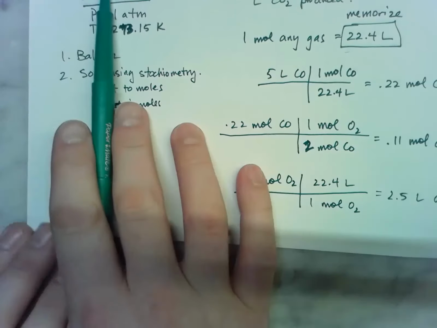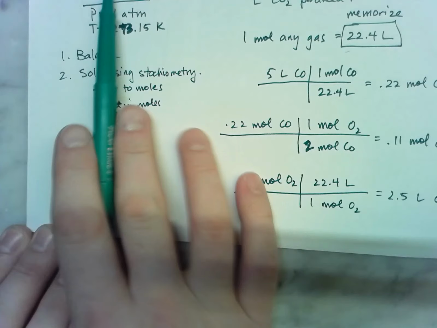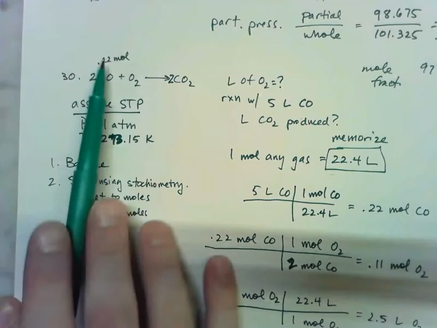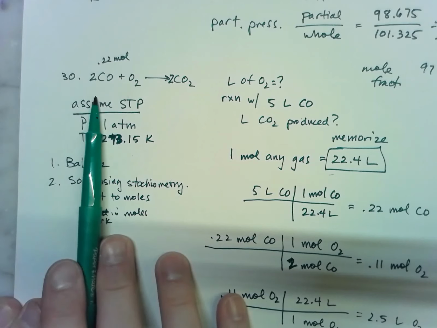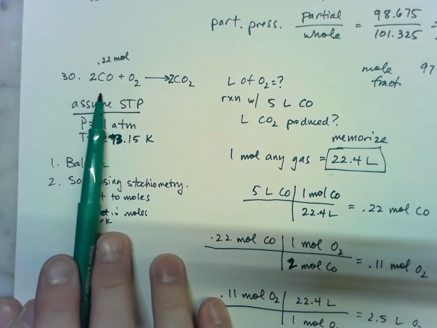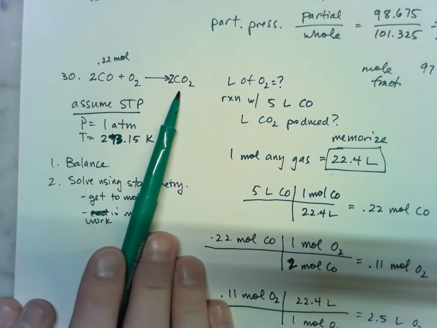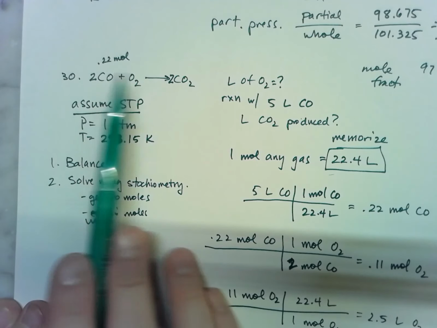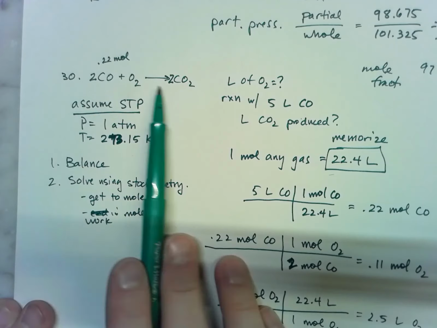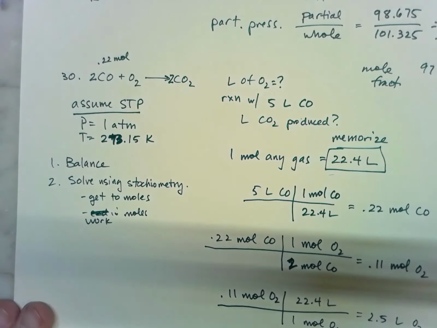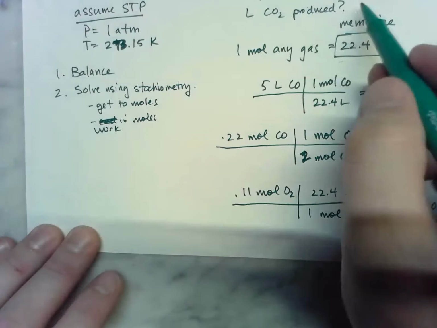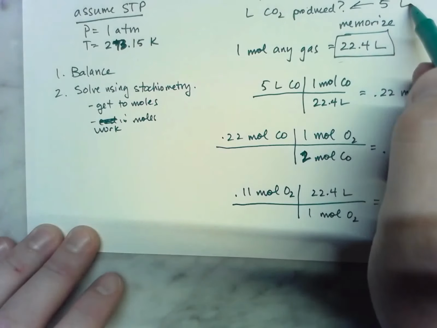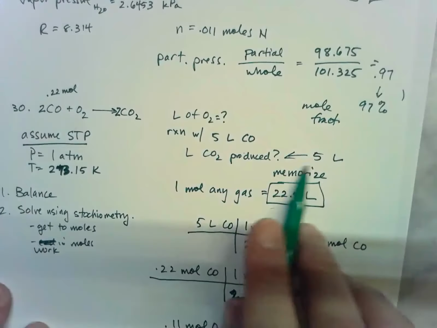We got a 2-to-2 ratio right here. If we go in with 2.5 liters here, 2.5 liters there, well, we're back to 5 liters on this side because it's a 2-to-2 ratio, so the number of liters should be the same on both sides. And so our answer should be for this one also 5 liters.